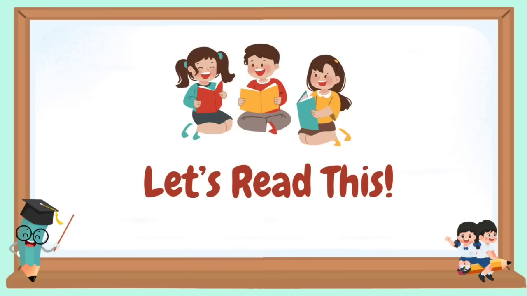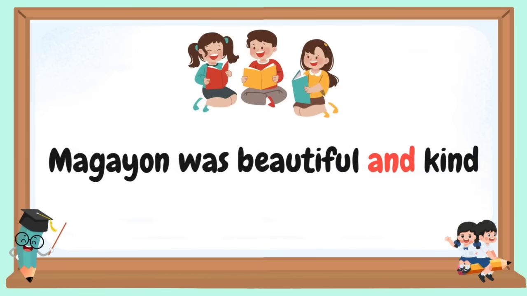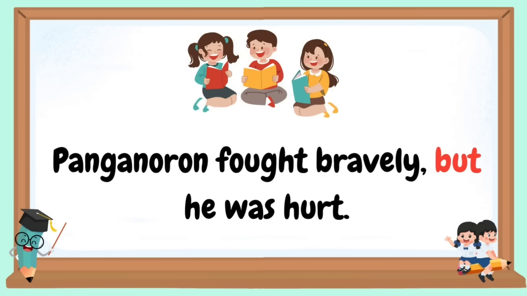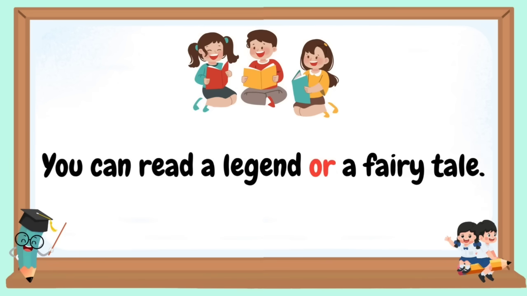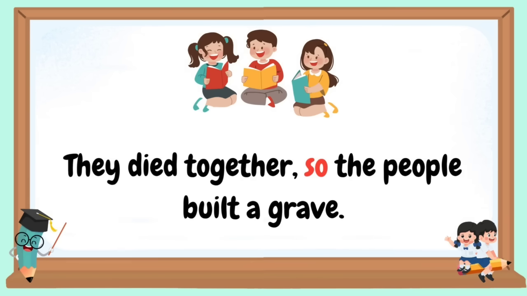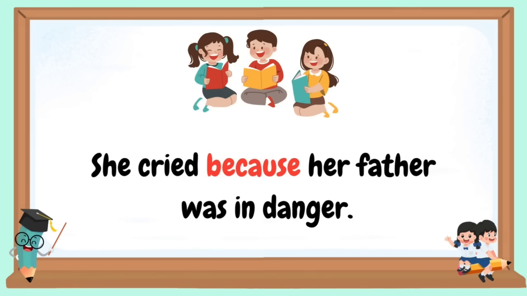Let's read this. Magayon was beautiful and kind. Panganoron fought bravely, but he was hurt. You can read a legend or a fairy tale. They died together, so the people built a grave.